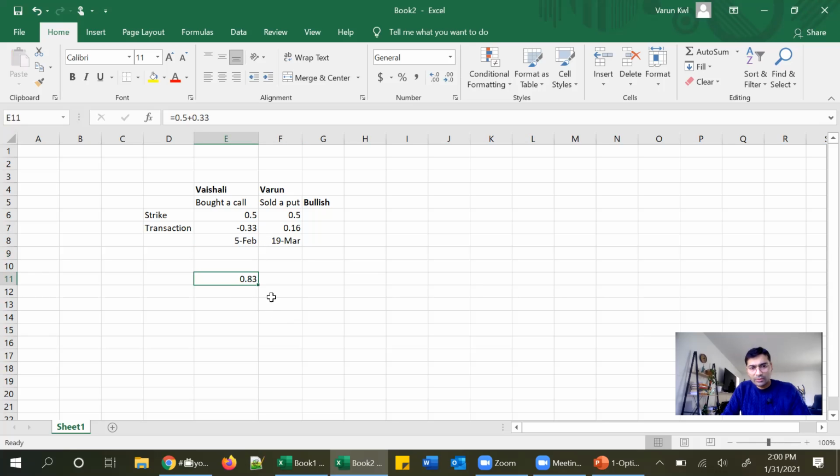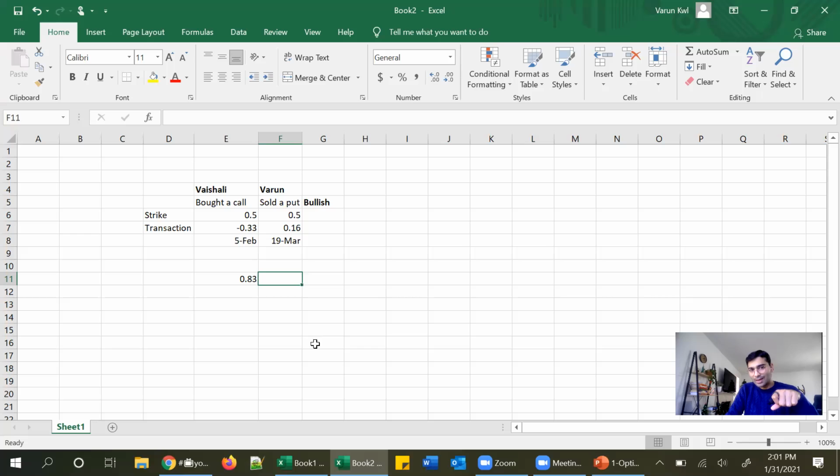So guys, in this example, what Vaishali is betting is that this stock is going to go really high. Of course, it has to go above 0.5, but because she has also paid a premium of 0.33, overall her stock has to be more than 0.83. I hope this is clear, because she has paid a premium on each stock.